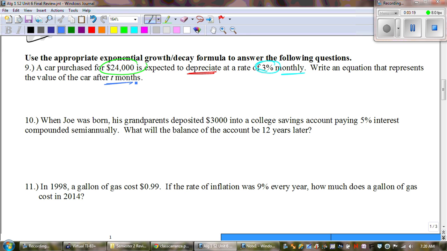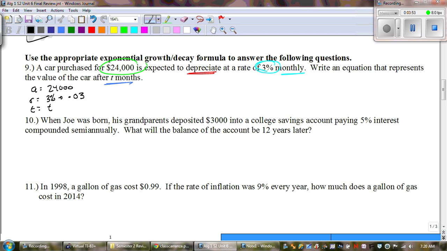The things that we need to know are what a is, what the rate is, and what the t is. The amount of money that we're starting with is the 24,000. The rate is 3%, and we need to change that to a decimal by dividing by 100. And t, they didn't really tell us what t was. They just said to use the variable.